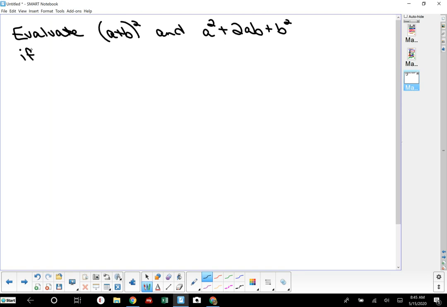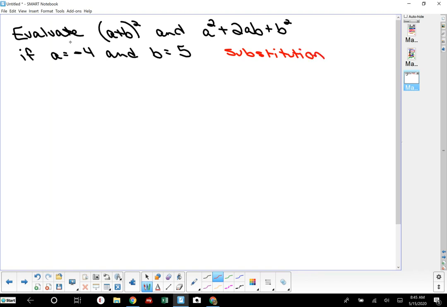If a is -4, oh Lord, -4, and b is 5. So this process, when you substitute a number in for a variable, is called substitution.